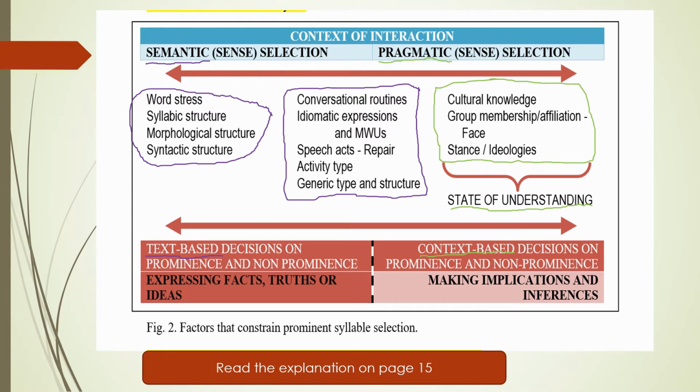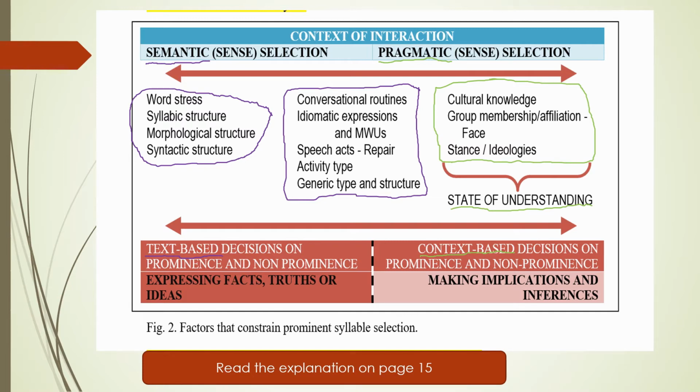The selection of prominent syllables at the first level is going to be constrained by lexical, phonological, grammatical rules, like, for example, word stress or the syllabic structure of the particular language, the morphological or syntactic structure. And these are mostly text-based decisions on what items are going to be prominent or non-prominent. These items at the semantic level express facts, truth, ideas, emotions, and so on.